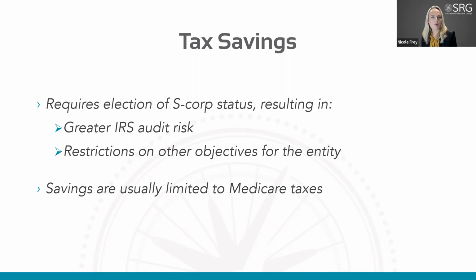So the S Corp election also opens you up to a greater IRS audit risk due to that tax savings component. And I will talk about that a little bit more here later on as we start the last section of this presentation on potential risks. The S Corp election also opens you up to some restrictions.